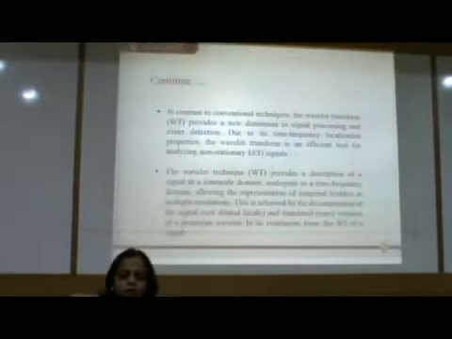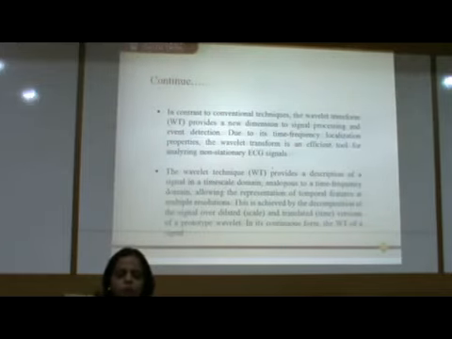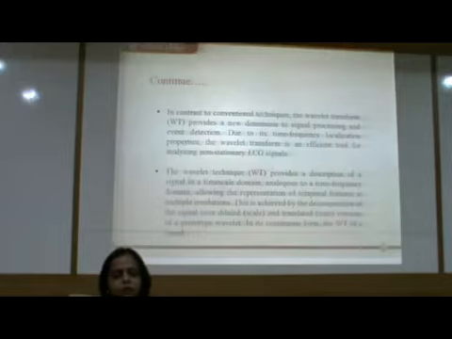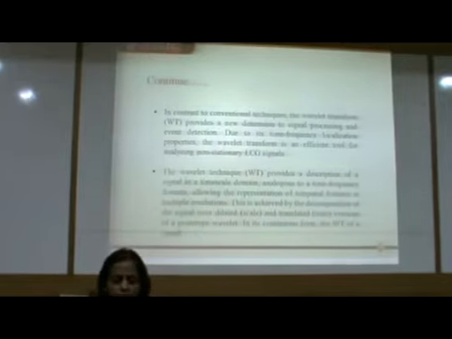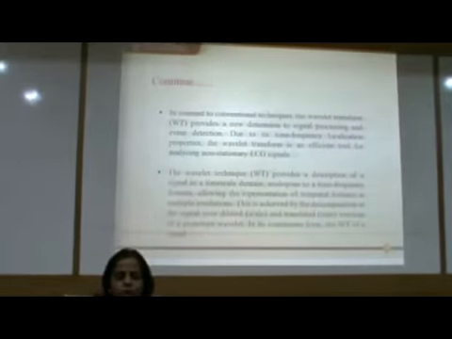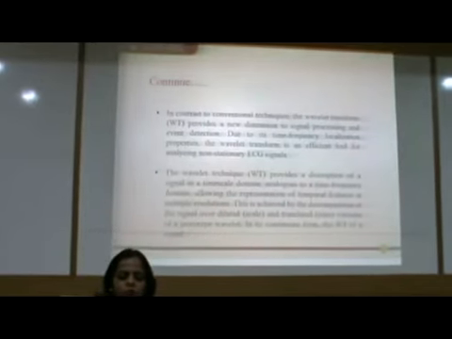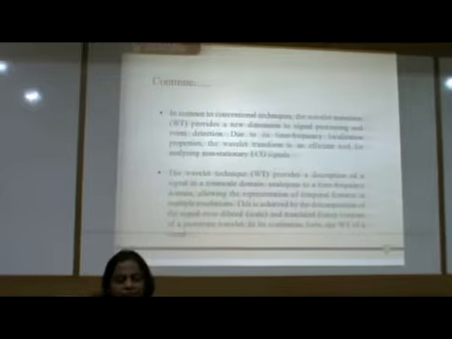In contrast to conventional techniques, the wavelet transform provides a new dimension to signal processing and event detection due to its time frequency localization properties. The wavelet transform is an efficient tool for analyzing non-stationary ECG signals.